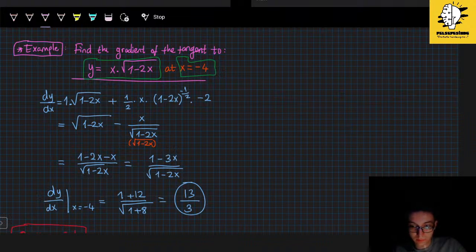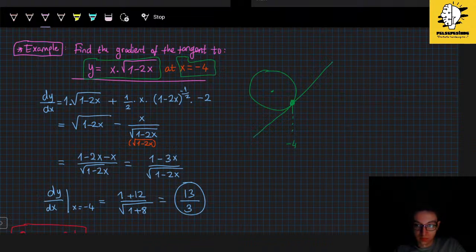If you draw, let's say this is a function, and let's pick this point, minus 4. And if you draw a tangent to it, then you can find its derivative at that point. So that tangent is this, that gradient.